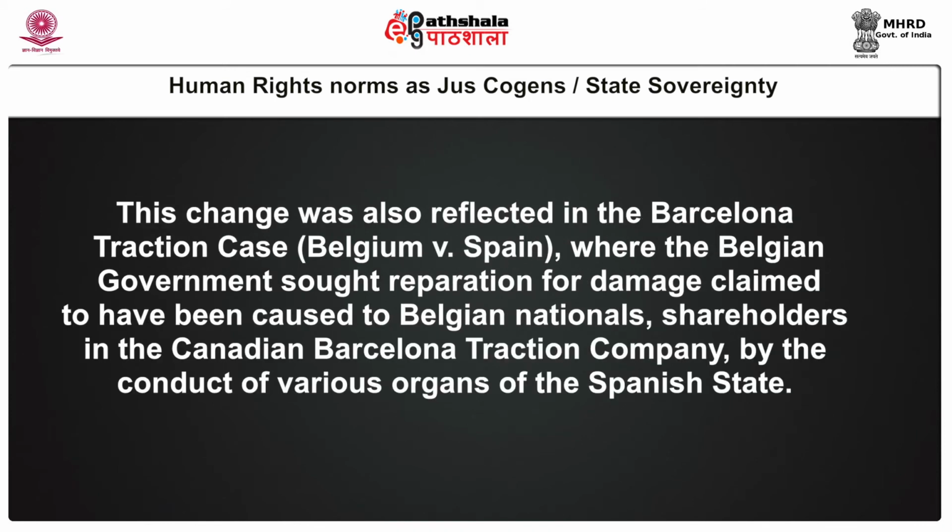This change was also reflected in the Barcelona Traction case between Belgium and Spain, where the Belgian government sought reparation for damage claimed to have been caused to Belgian nationals, shareholders in the Canadian Barcelona Traction Company, by the conduct of various organs of the Spanish state.